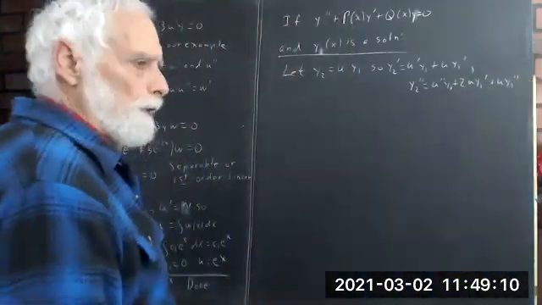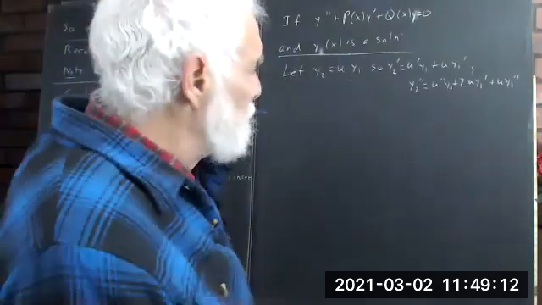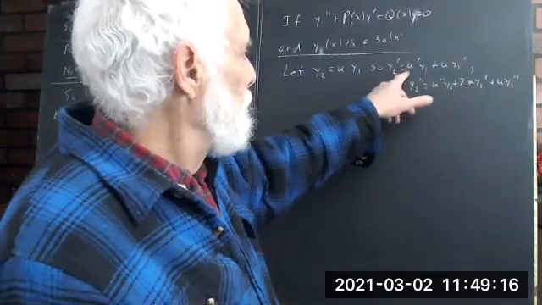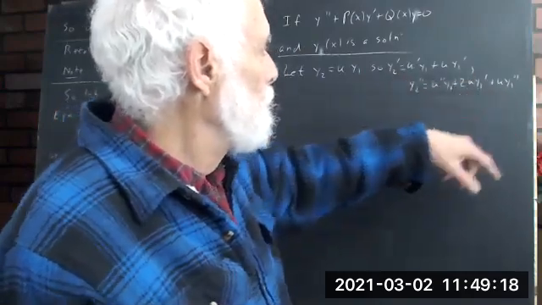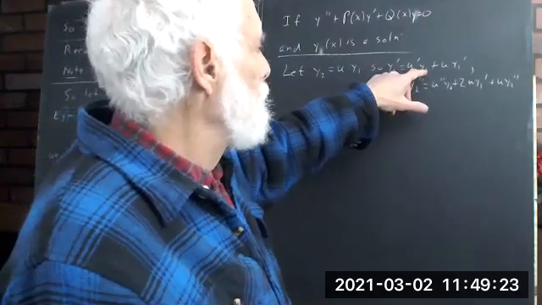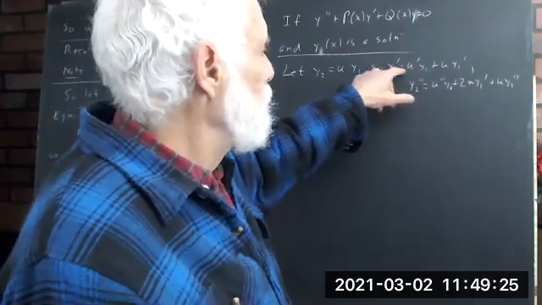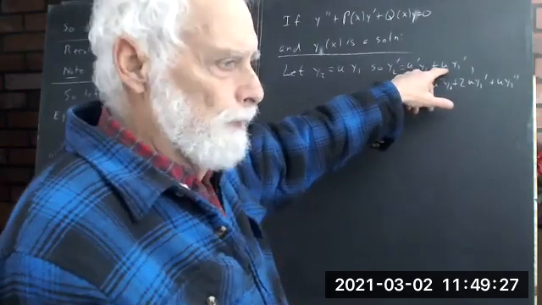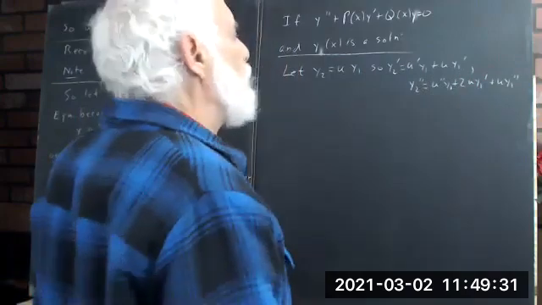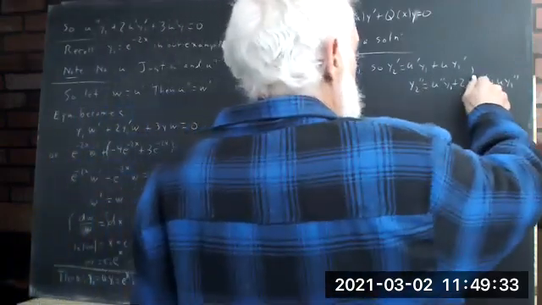I'm writing this out carefully because I'm prone to errors, so just be careful. Clearly, we're going to get a u double prime y1 and a u y1 double prime. But when we do the derivative of y1, we're going to get a u y1 prime. We do the derivative of u, we get a u prime y1 prime, and then we need a prime on the u.